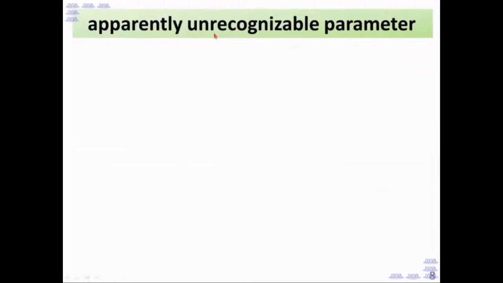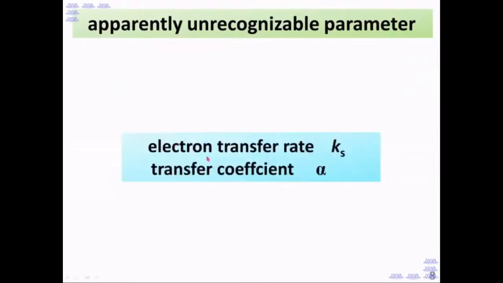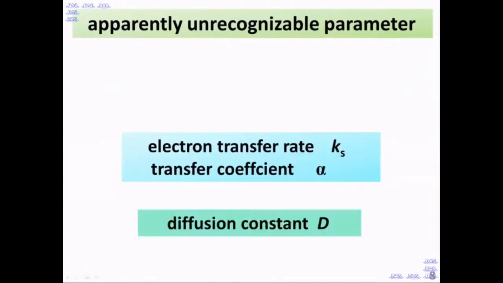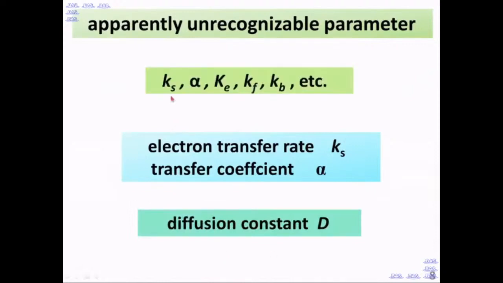Apparently unrecognizable parameters: electron transfer rate, Ks. We cannot know about Ks suddenly. Or the transfer coefficient alpha is also not recognizable. Also the diffusion constant D. This parameter is important, but not directly recognizable.